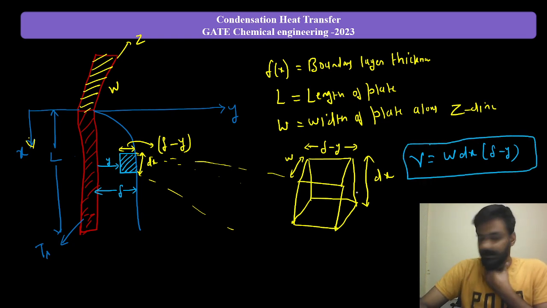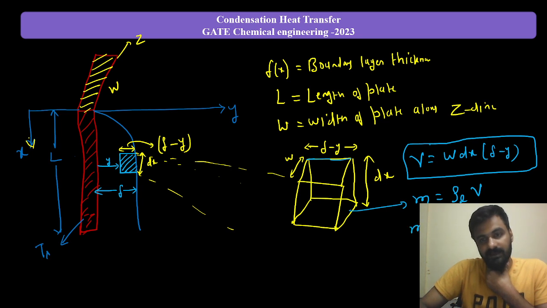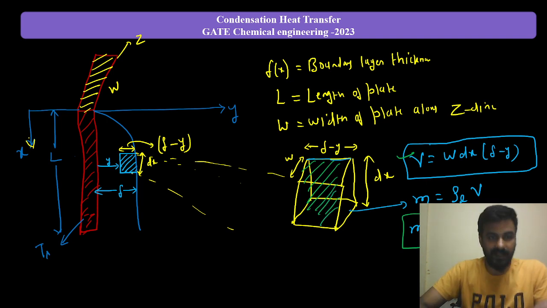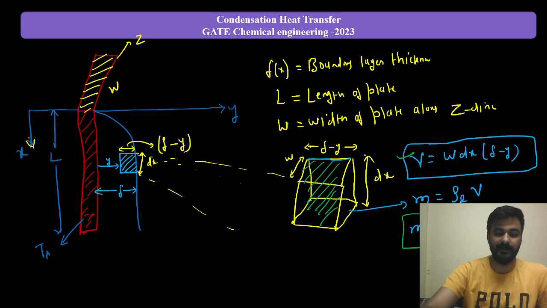Since this is liquid condensate, the mass is equal to the density of liquid times volume, that is rho of liquid times w dx (delta minus y). I'm simply writing mass equals density into volume, with the volume's dimensions derived from here.